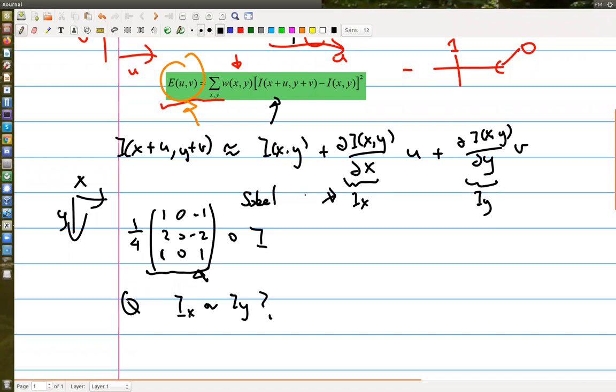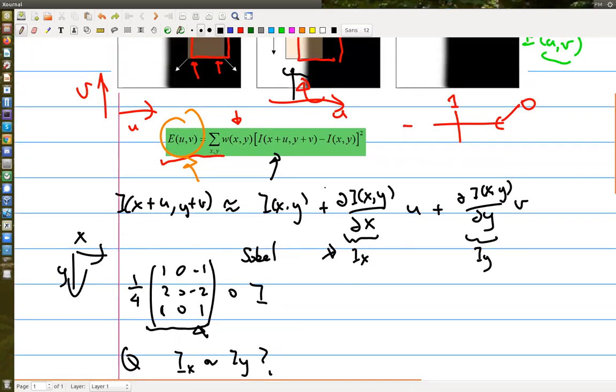Let's continue. So I have this here. Maybe I shouldn't erase it yet. So I can use the Taylor series to expand this expression with this guy here, and then this can be just computed with the Sobel filter. Let's substitute back into this E(u,v).